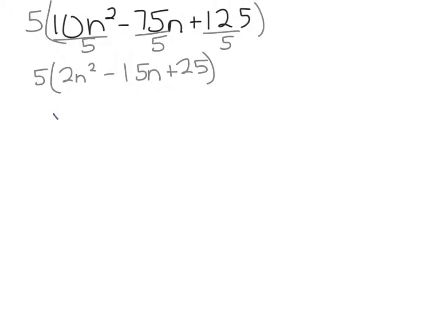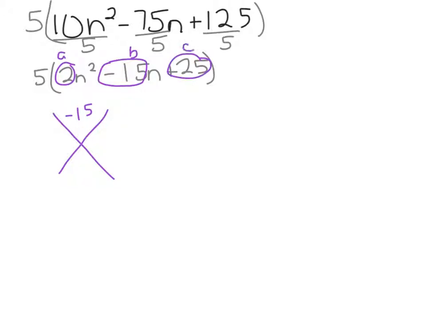Now we're ready to make our x. And remember, the 5 that we factored out as a common factor will remain as part of your answer. So in the top, we put the b, which is negative 15. In the bottom, we do a, which is 2, times c, which is 25. So 2 times 25 is 50.